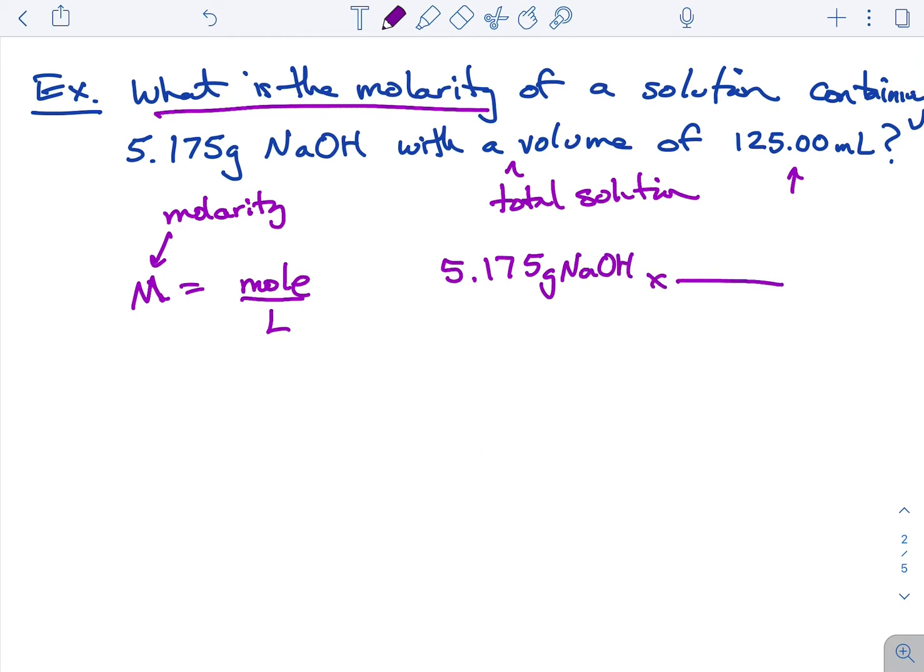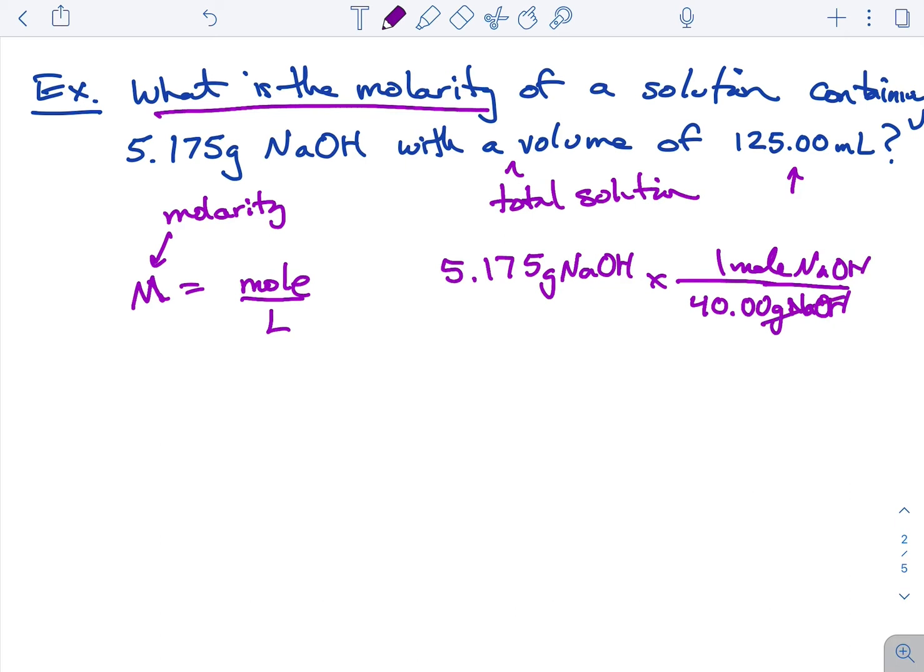So we're going to go to the periodic table. We're going to add up the molar mass for sodium, which is 22.99, plus oxygen, which is 16.00, plus hydrogen, which is 1.01, and that gives us a nice even 40.00 grams of sodium hydroxide in 1 mole of sodium hydroxide.